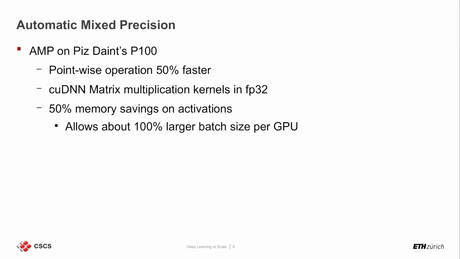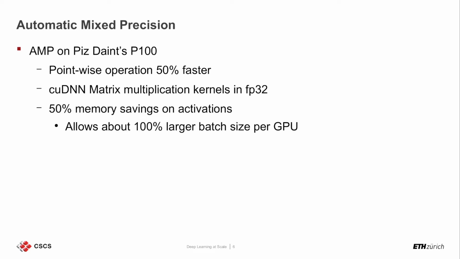And what happens with automatic precision? What does it mean for us at Piz Daint here with our P100 GPUs? We will see that the pointwise operations are about 50% faster. However, when you use large matrix multiplications, often we're going to use cuDNN for that, and they have very efficient kernels.